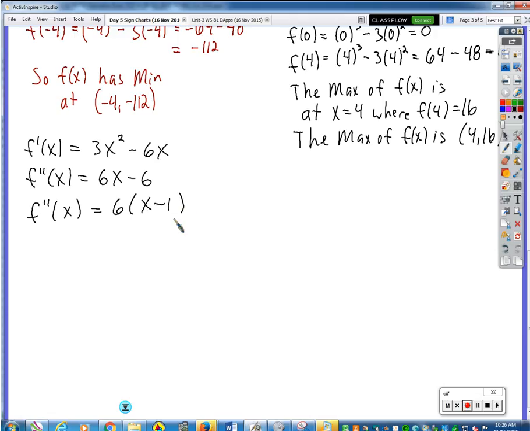Draw a number line. Please look at the sign chart that I created for the factor of 6 and raise your hand if it makes sense.